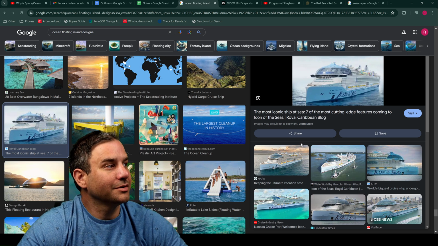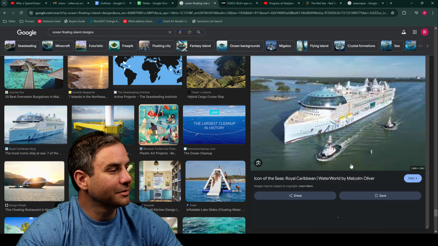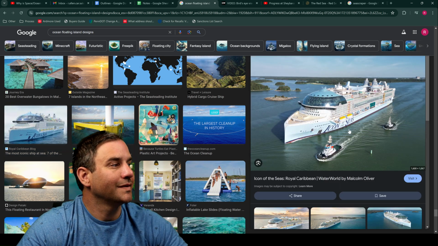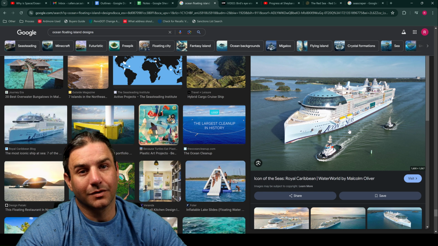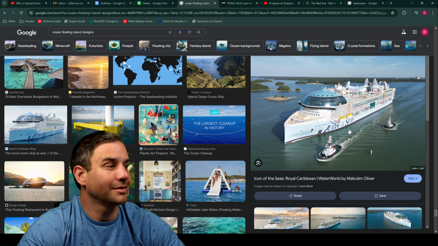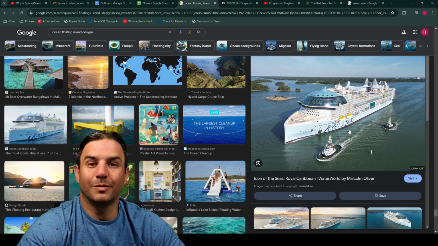They could build permanent, floating, non-movable structures, or at least permanently positioned structures that are moored down. And I think that would be spectacular.